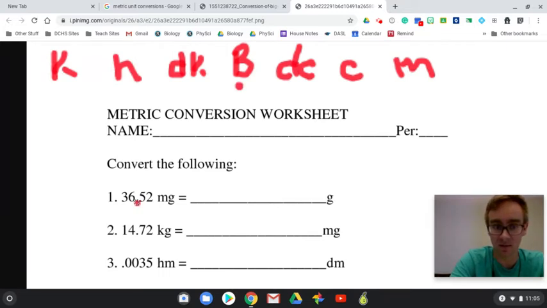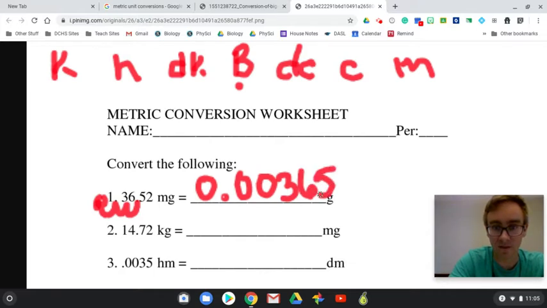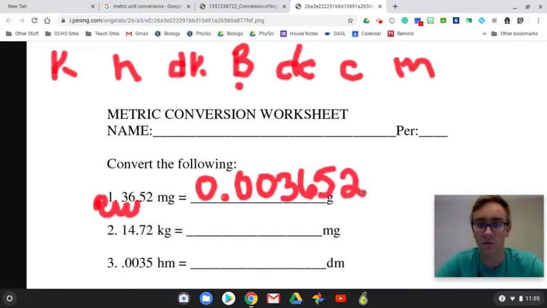So I'm going to take this decimal place and jump 3 times, 1 to the left, 2, 3, and that's my new decimal place. In math class, we would say we'd fill in the zeros there. That'd be 0.03652 grams. Sorry, I had to make sure I did that right first.